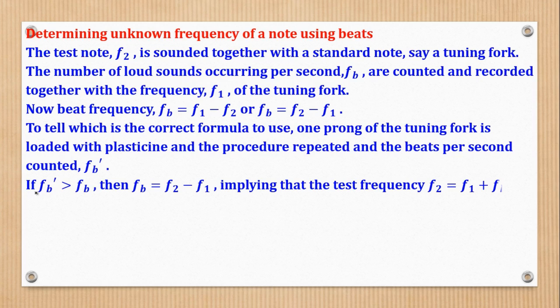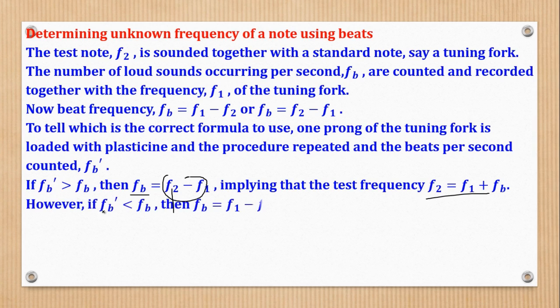If FB prime is greater than FB, it implies that FB will be given by this formula, from which you can get F2 by making it the subject. However, if FB prime is smaller than FB, it implies that it was supposed to be this, and therefore F2 can be got from that.